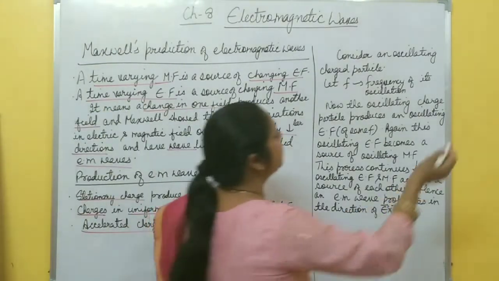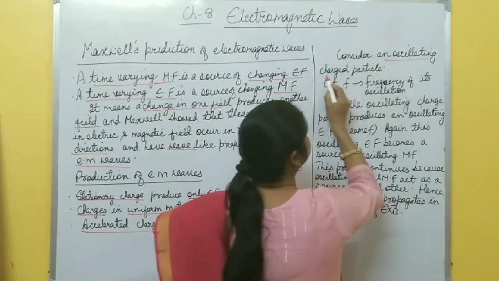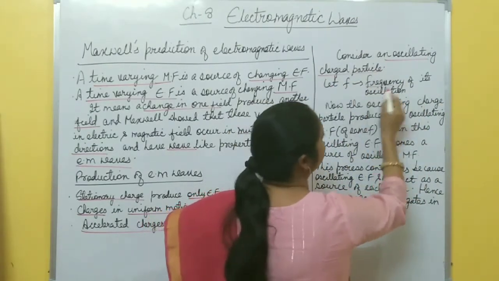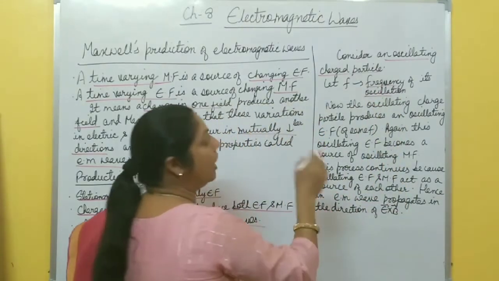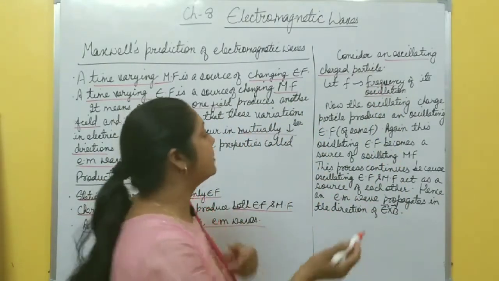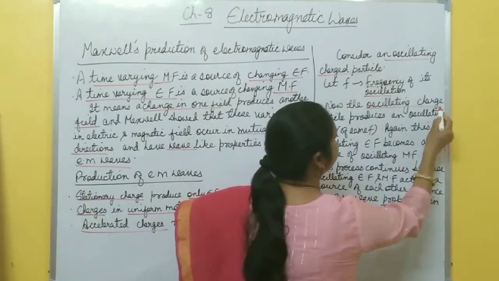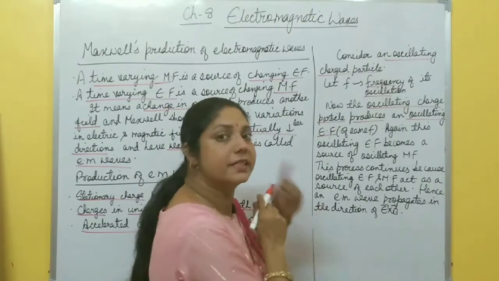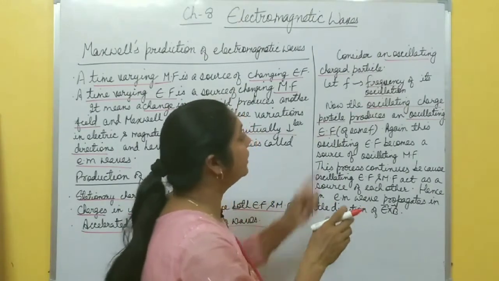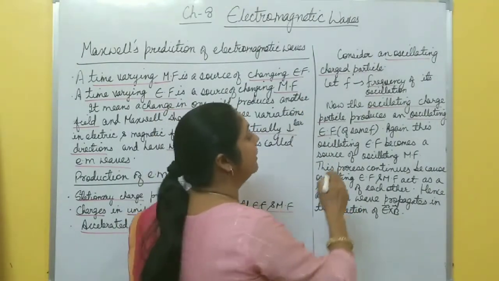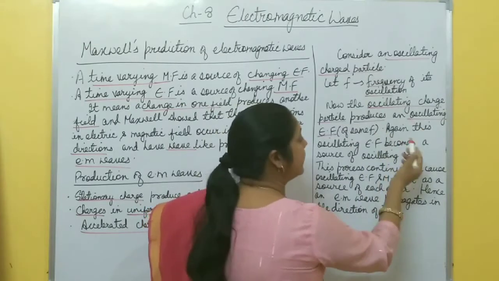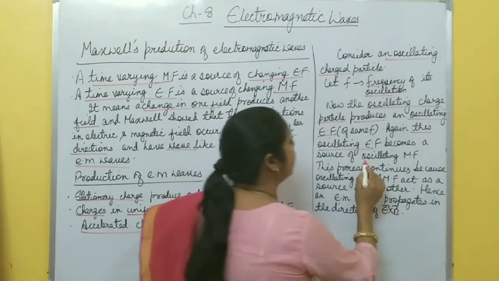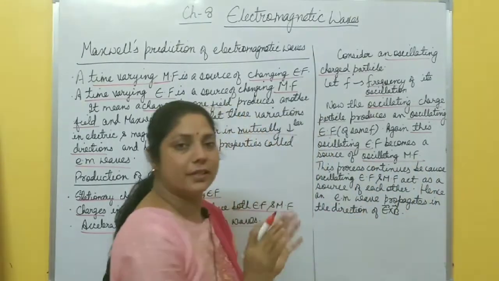Okay, for this, consider an oscillating charged particle and let f be the frequency of its oscillation, right? Now, you know the oscillating charged particle produces what? It produces an oscillating electric field having the same frequency as that of the oscillating charged particle, right? And again this oscillating electric field becomes a source of oscillating magnetic field. This process continues.